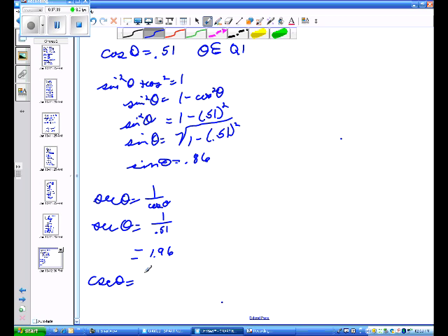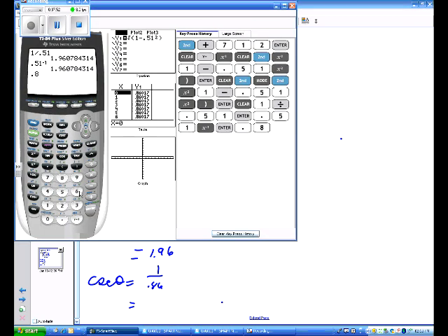We could do the cosecant of theta, which is equal to the reciprocal of sine, and sine was 86 hundredths. If we just take 86 hundredths reciprocal, that's equal to 1 and 16 hundredths.